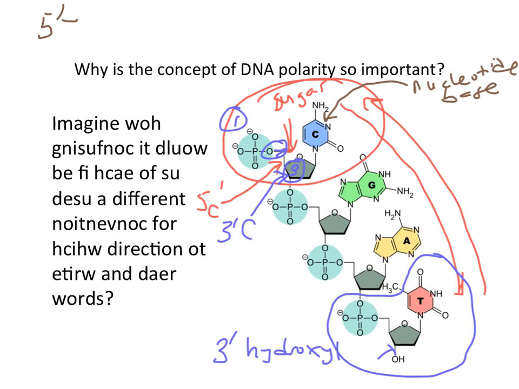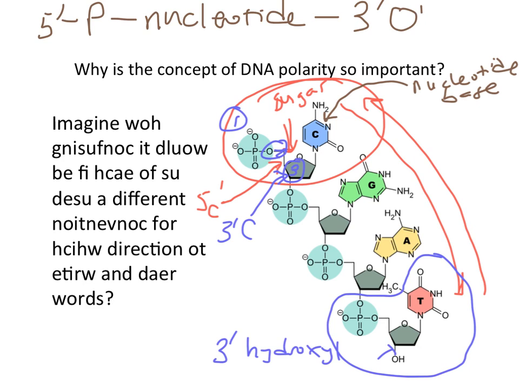So to summarize, any DNA sequence has a 5' phosphate. Then you would write the nucleotide sequence. And then that very last nucleotide will have a free 3' hydroxyl, yeah.